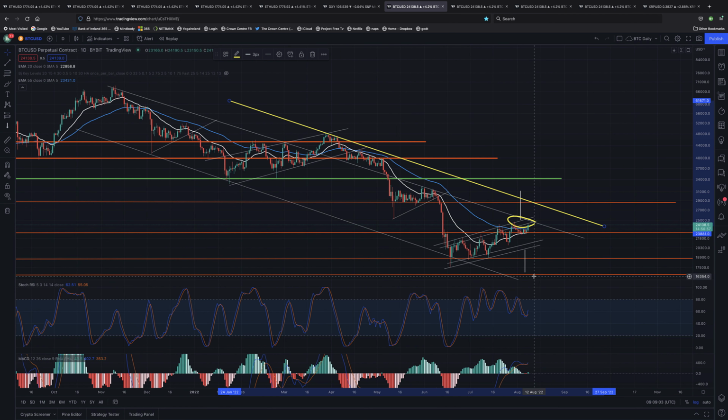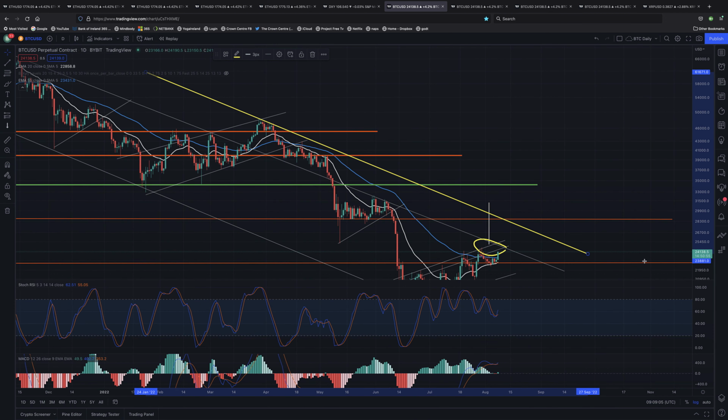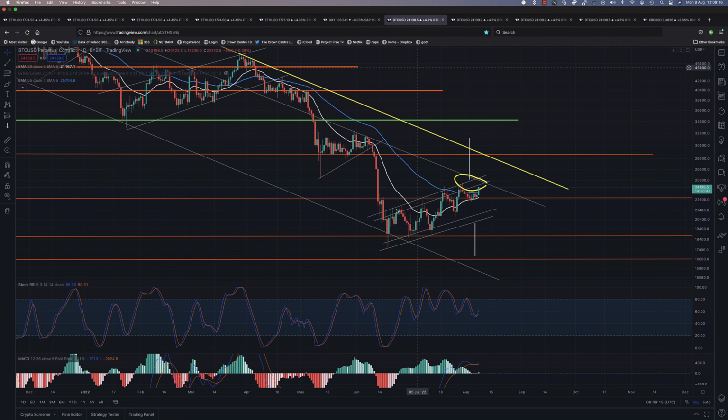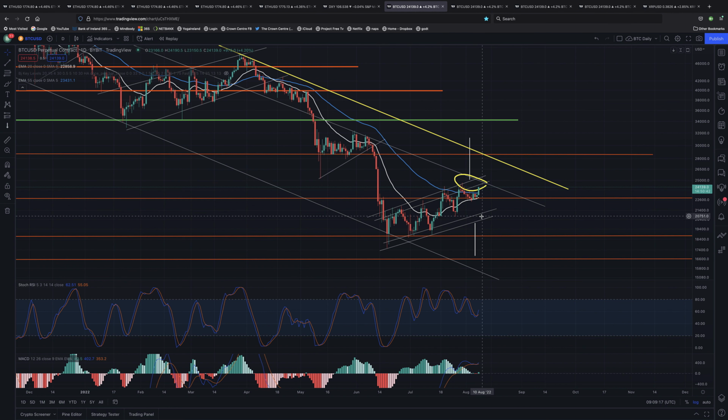Now, personally, my interpretation is this channel is not complete, and as much as we're holding the 20 on the daily, which I can't argue against, there could still be a downswing, but I can't speak about it as a more likely scenario because we need to see the 20 on the daily break.